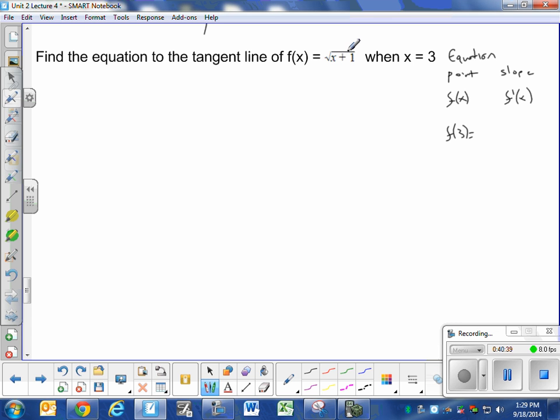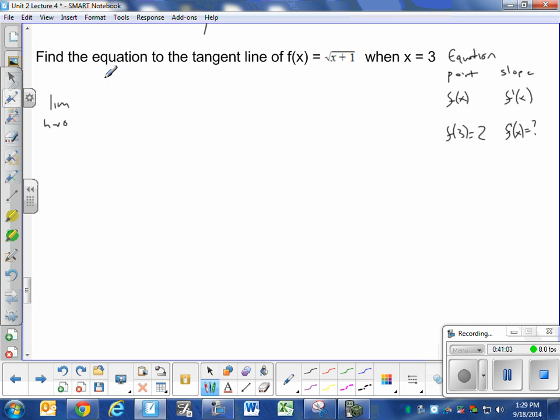I get 3 plus 1 is the square root of 4, which is 2. Sweet. Now, the derivative function, I do not know, but we need to find it. So we will use the limit definition of a derivative to find it.